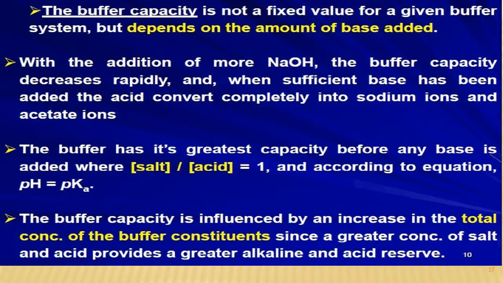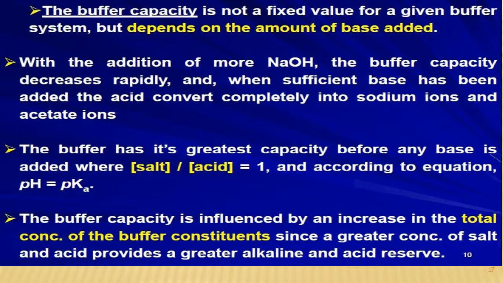That means when you increase the concentration of sodium hydroxide, the value of buffer capacity will decrease. The more sodium hydroxide you add, the reaction will shift completely to the right direction, and all the acid will be converted to the salt and conjugate.